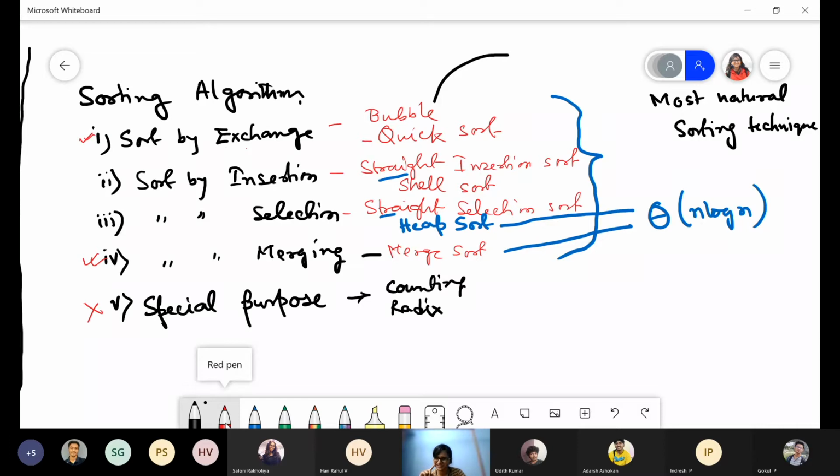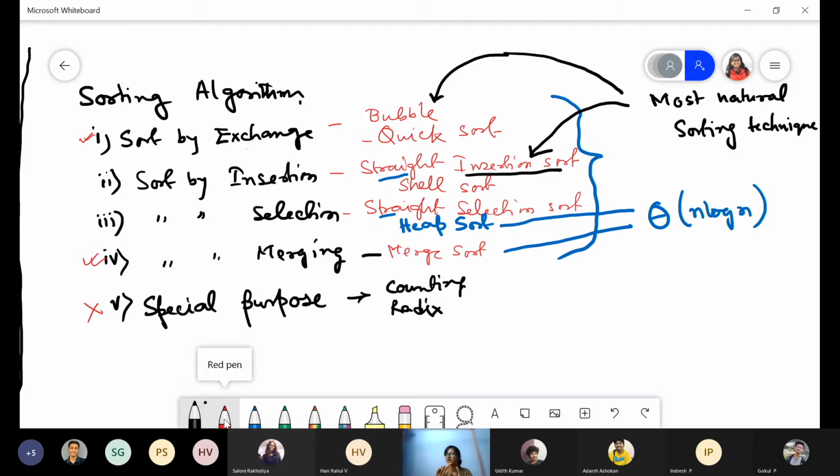Okay, what do you think? Is it insertion? Yes. Most natural means it comes intuitively, what we naturally do. This one is most intuitive. If you remember your days before COVID, when your teachers had to arrange answer sheets in proper order, what they did is what is called insertion sort.